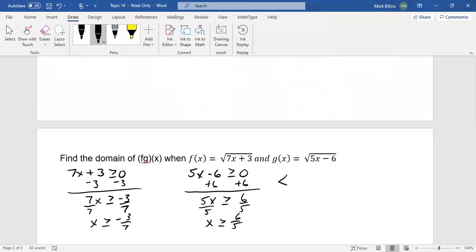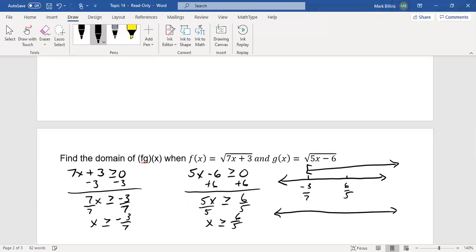So if we look at the number line for both of these separately, the first one begins at negative 3/7 and includes negative 3/7 and everything to the right. The second one, x is greater than or equal to 6/5, begins and includes 6/5 and everything to the right.